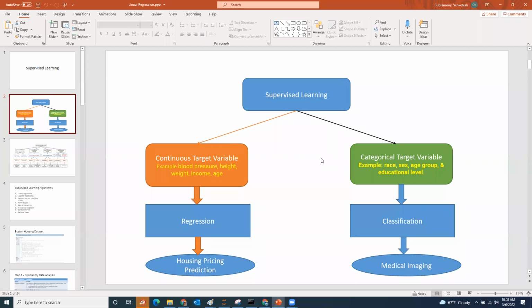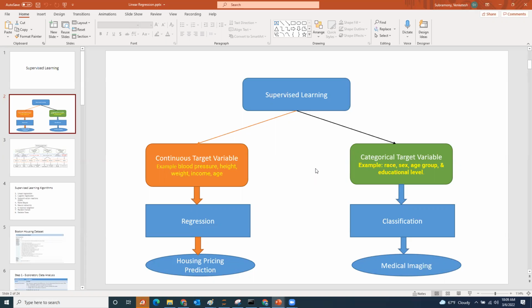In every machine learning problem, the target is the one we are going to predict. For example, based on a person's blood pressure, height, weight, income and age, we are trying to predict whether this person is obese, or his BMI or any index like that.